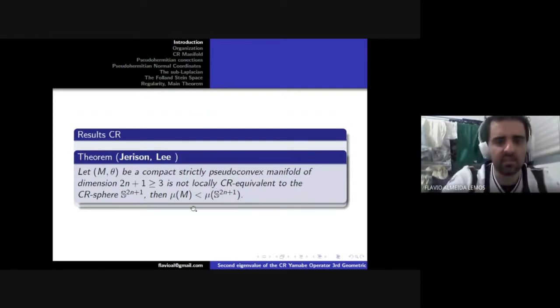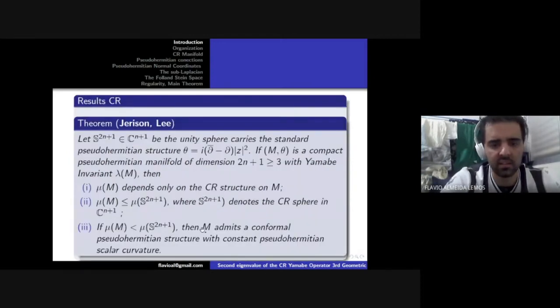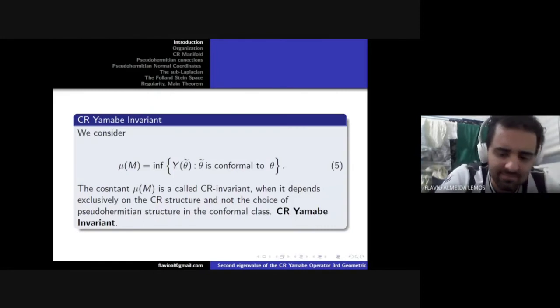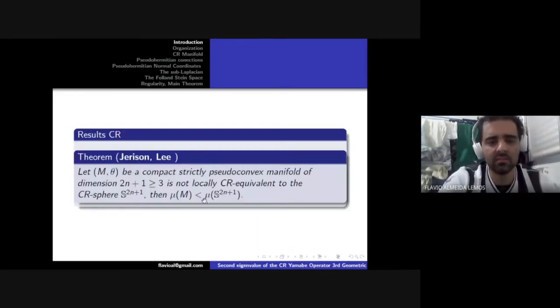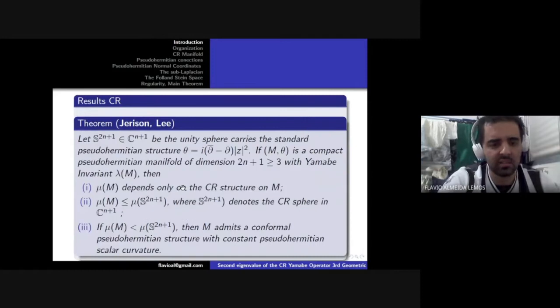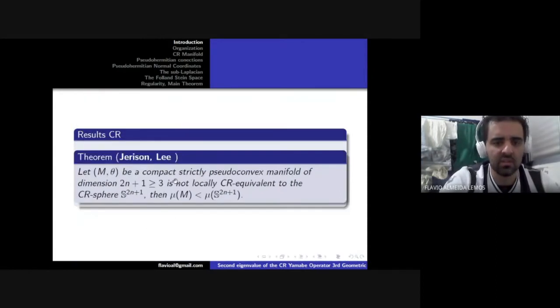Then we have an inequality such that we have a pseudo-Hermitian structure with constant pseudo-Hermitian scalar curvature. Is it true? See, this theorem is not true at first. It is supposed to be a result.